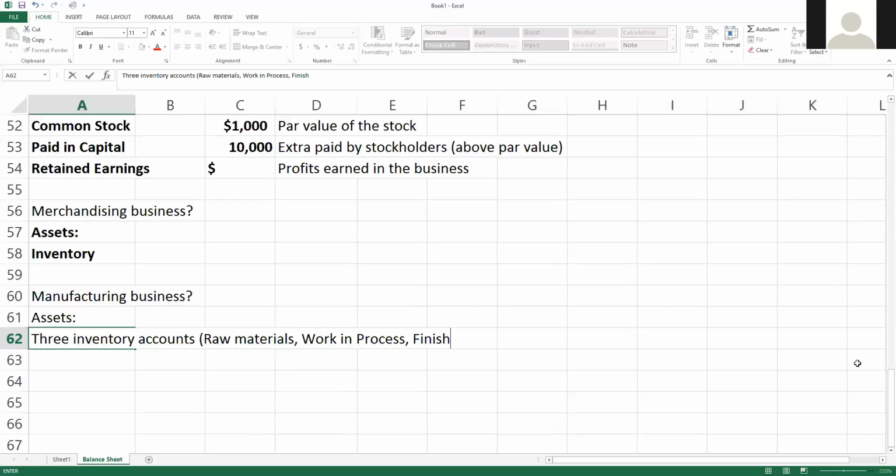And then they have one last one, which is called finished goods. Finished goods is pretty much the same as the inventory up here a merchandising business has. Finished goods are the stuff that they have finished, and they have them available to sell. A manufacturer generally sells to a merchandiser.